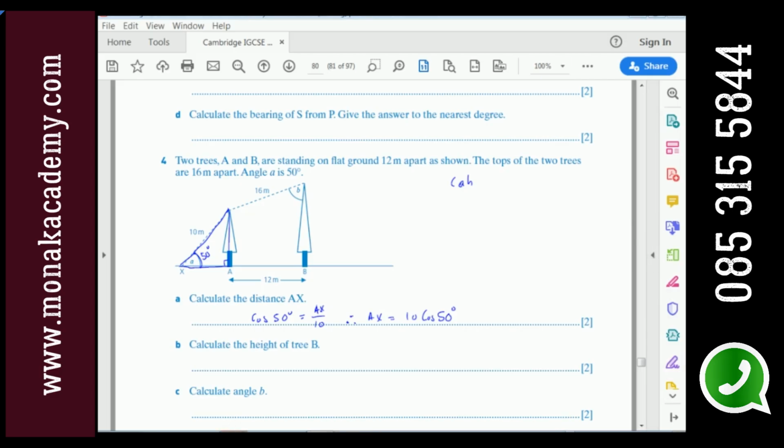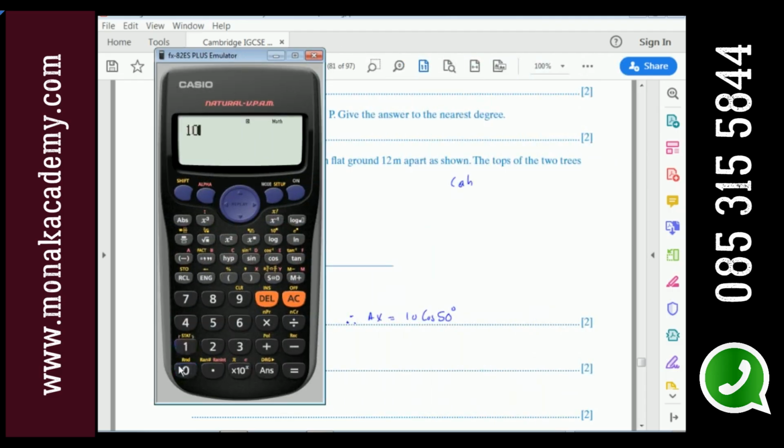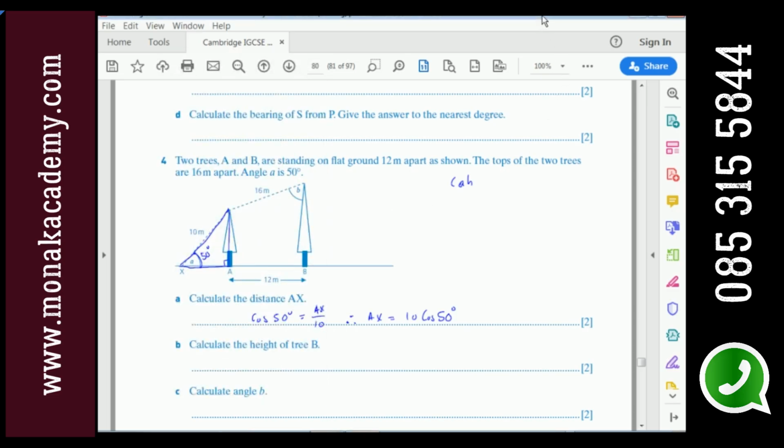Mind if I also confirm? 10 cos 50. All right, 6.42, right? Yeah. And rounded off to 3 significant figures, it becomes 6.43 meters. All right, calculate the height of tree B.